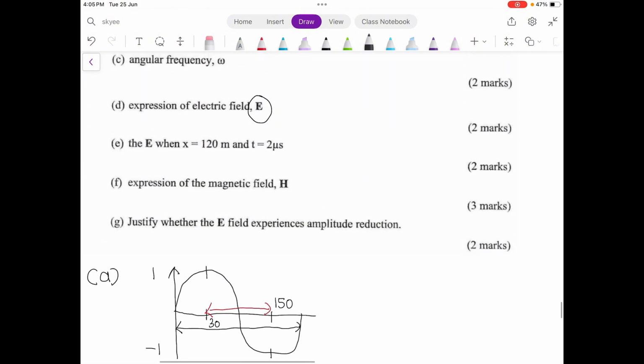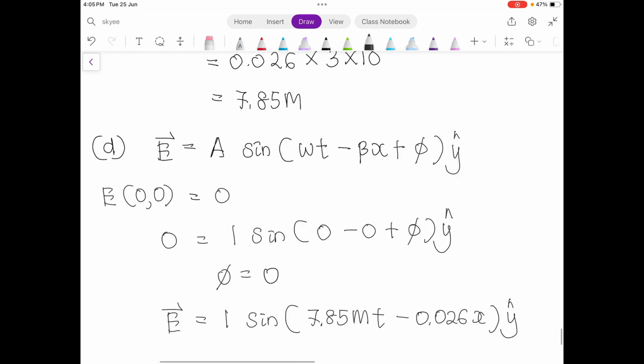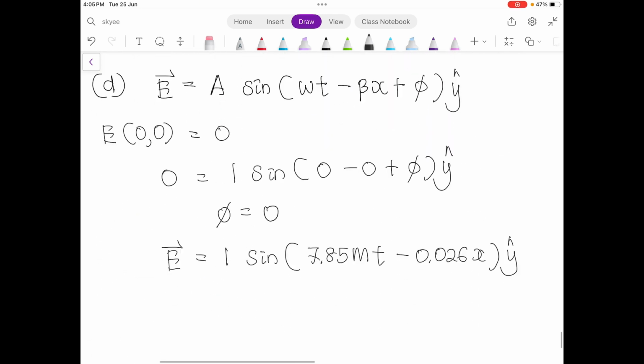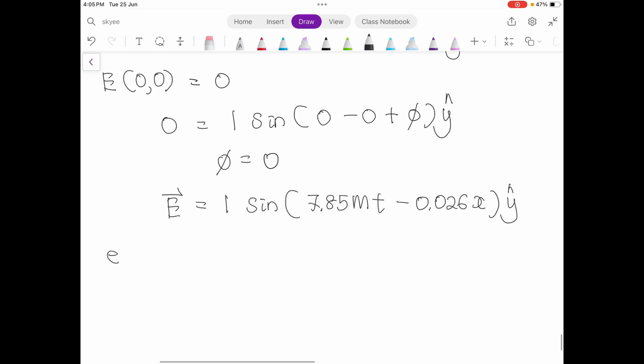Next one, the E when x is 120 and t is equal to 2 microseconds. This is easy, you just replace the values.